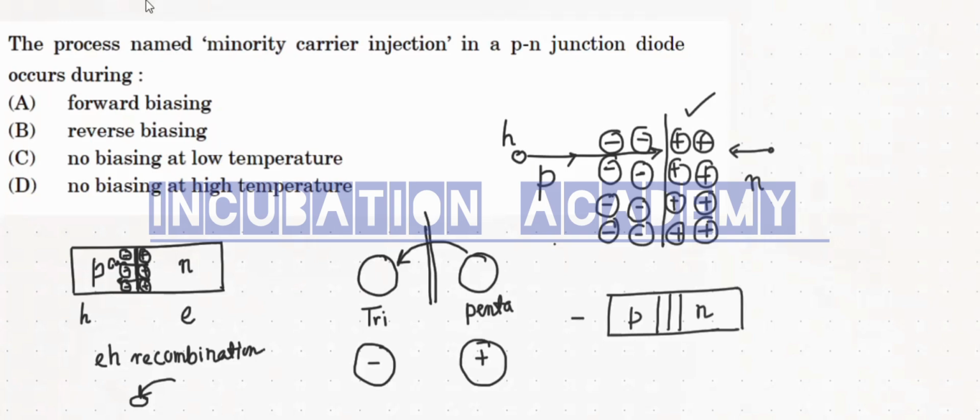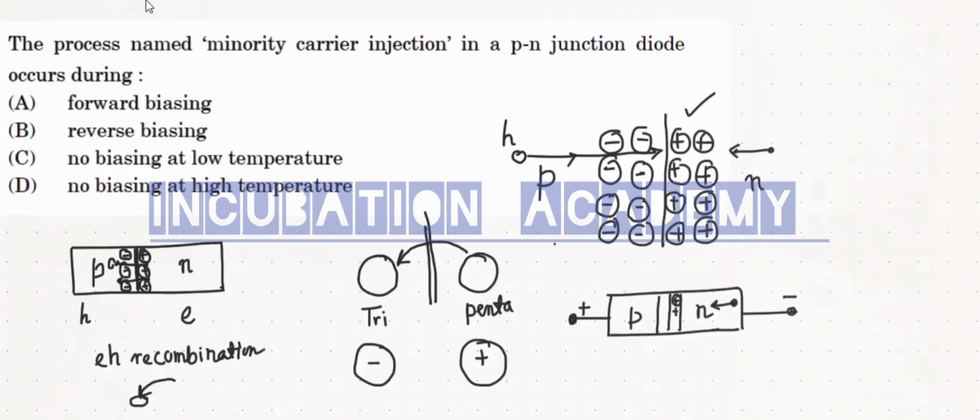Electrons start entering from this side. There are positively charged immobile ions on one side and negatively charged immobile ions on the other.